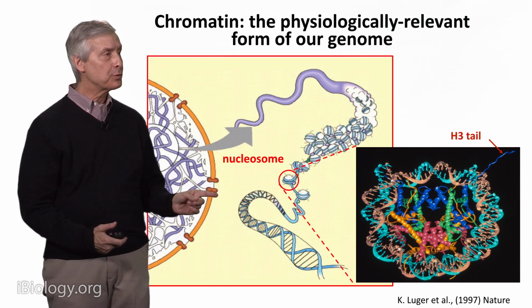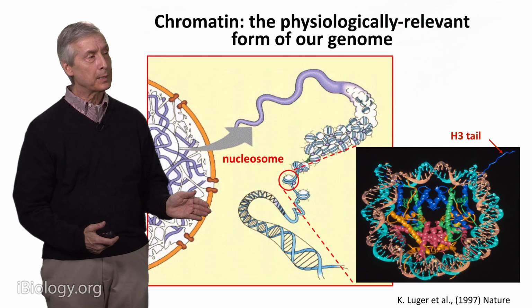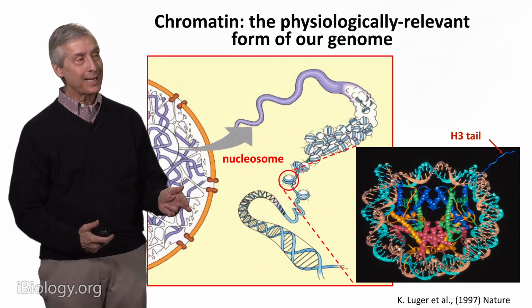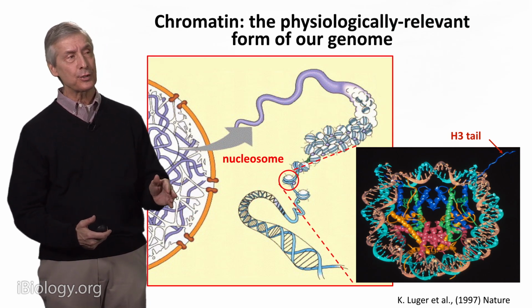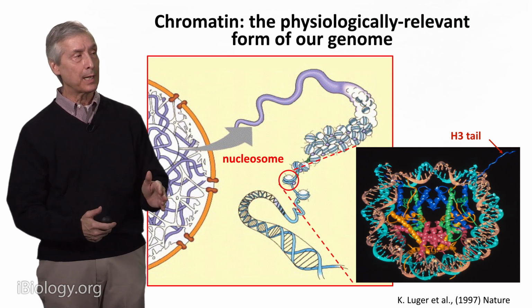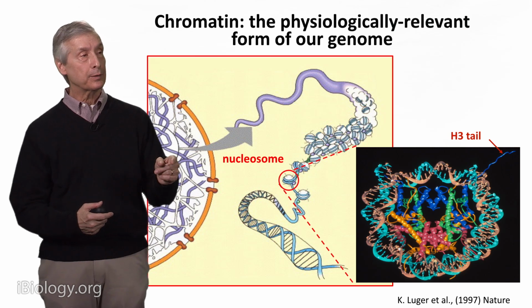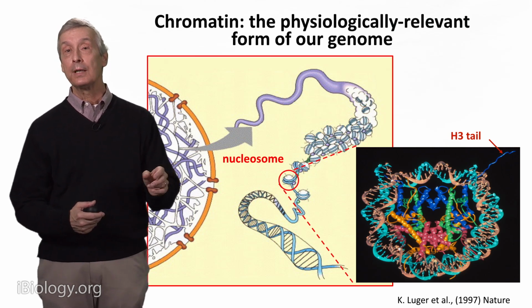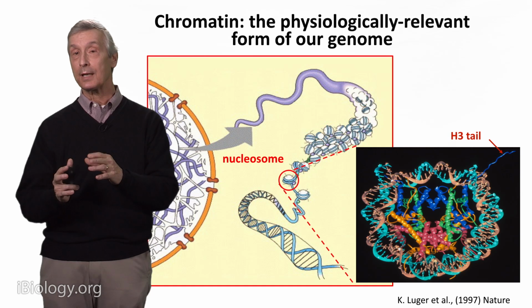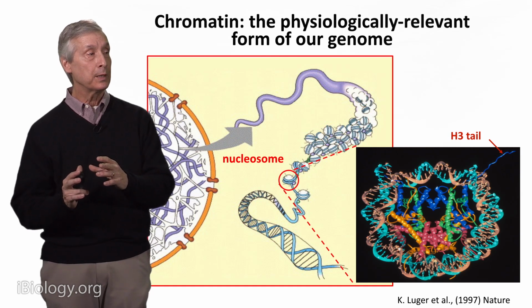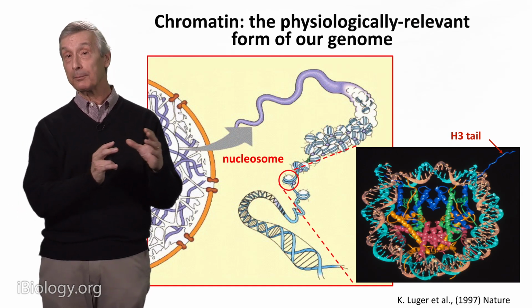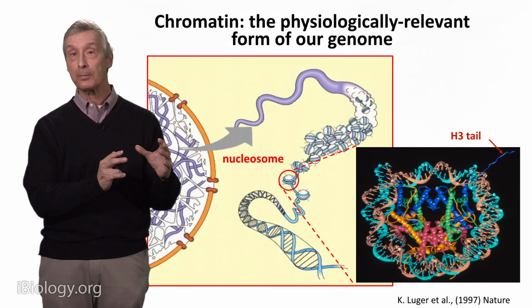If you look at this cartoon of a eukaryotic nucleus, you can see that although we're depicting some naked DNA, in fact, very little of our genome is naked Watson and Crick DNA. There's a fundamental repeating spool, if you will, that you can see in the lower right-hand corner, now at atomic resolution, thanks to Tim Richmond and Carolyn Luger. That fundamental repeating unit, like a bead on a string, is called the nucleosome particle.